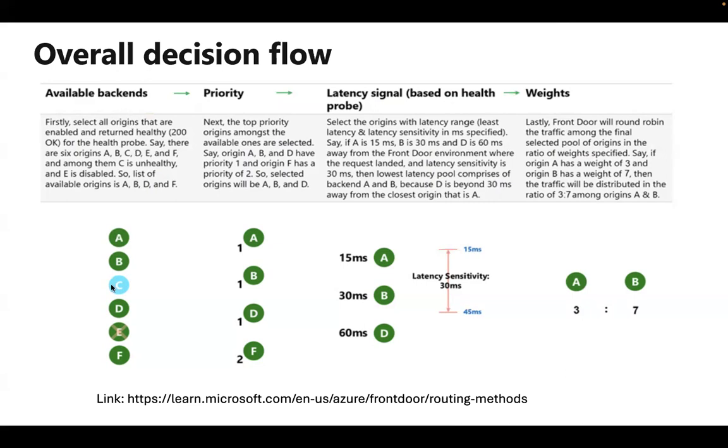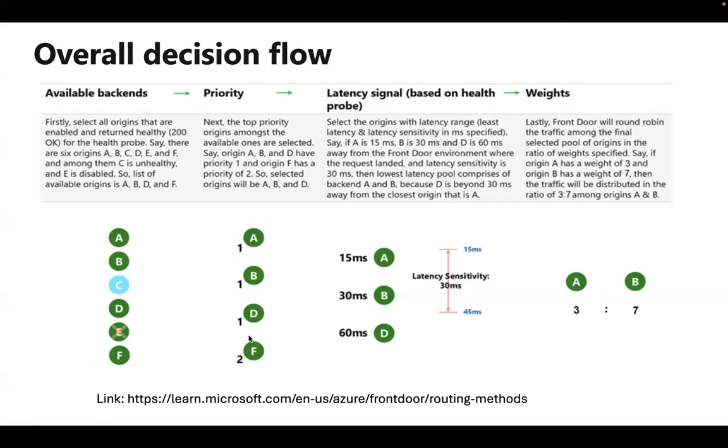In this example, C is unhealthy and E is disabled. So A, B, D, and F are available to serve your requests. Basically, four of them are trying to serve your requests here. If they are healthy, the request will go to one of the origin servers and it will serve your request. The next one is priority based.